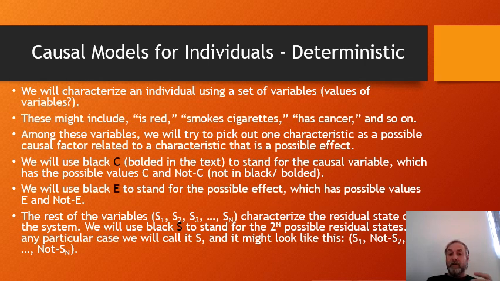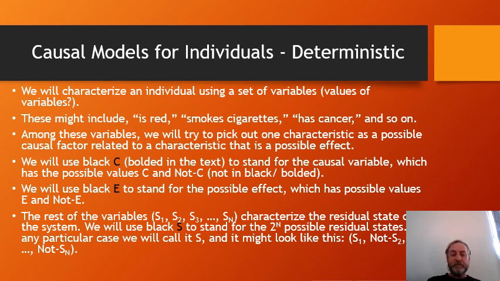So we might wonder whether having fair skin is a cause of having skin cancer. And I do have the fair skin value of the variable. I don't have the skin cancer value, and so on. So just think of an individual as a set of values of variables, and you can pick out any two and wonder if one is a cause and one is an effect of that cause.